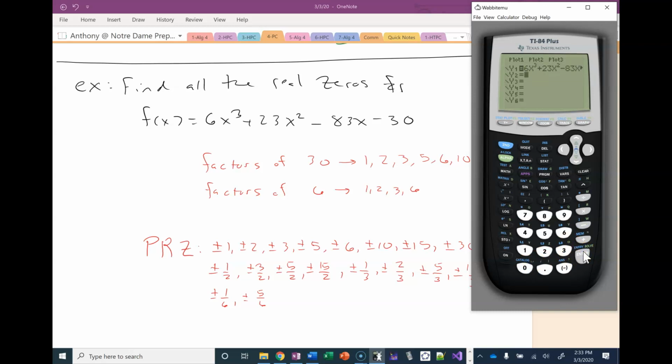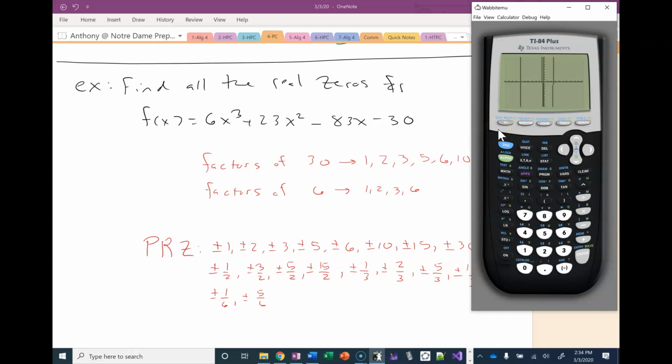Okay. So I just went ahead and typed in my function. I'm going to check the window to make sure it's somewhat reasonable. So -10 to +10 is pretty reasonable. So let's just hit graph, because all I really am looking for are x-intercepts.